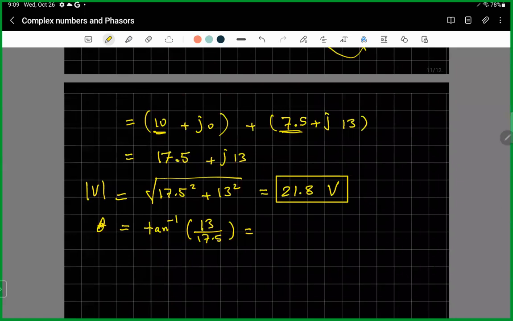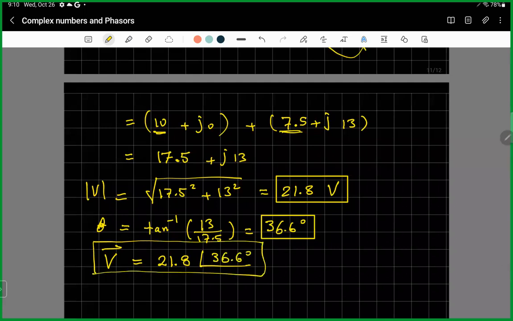That will give 36.6 degrees, right? That's the angle. So you can say in the end that the phasor result of the voltage will be magnitude 21.8 and angle 36.6, as a phasor.